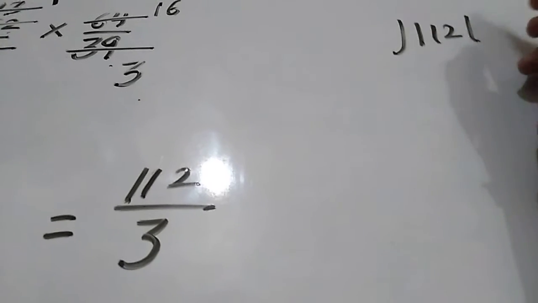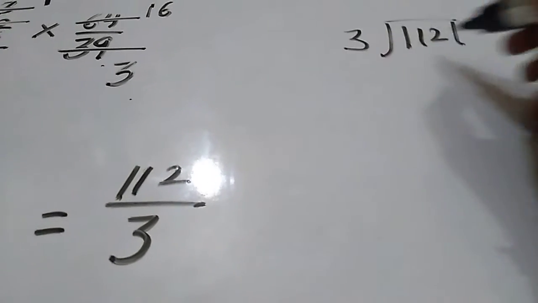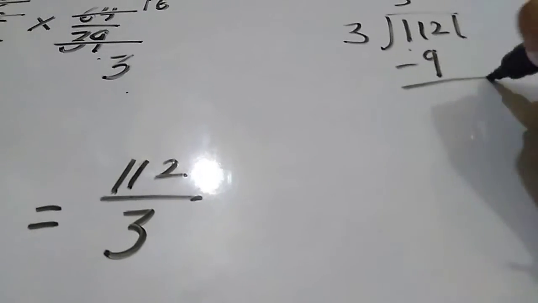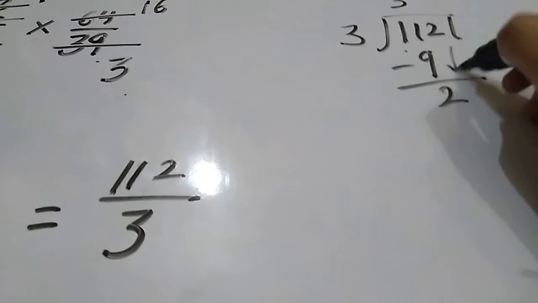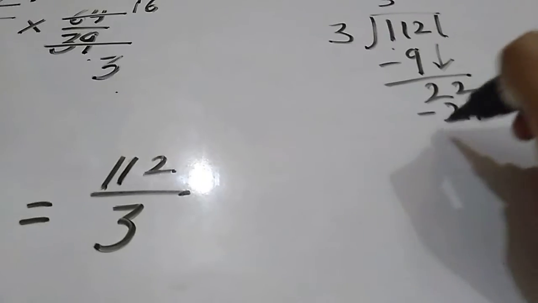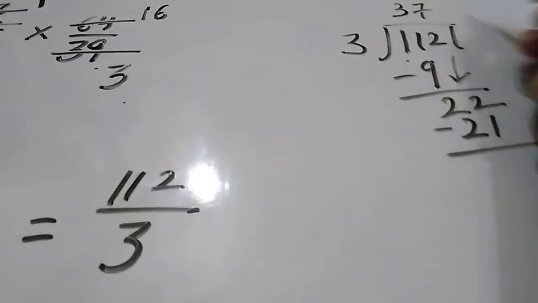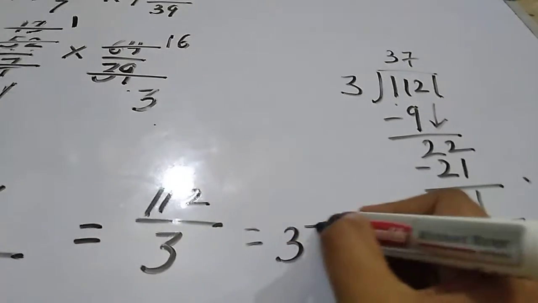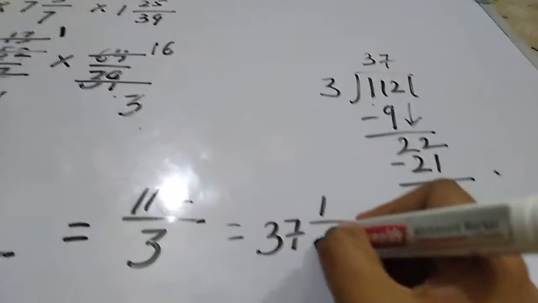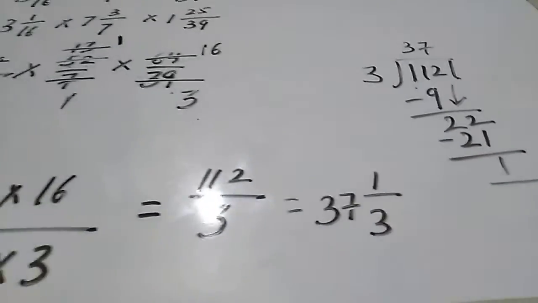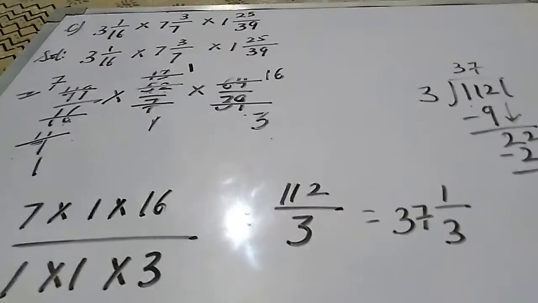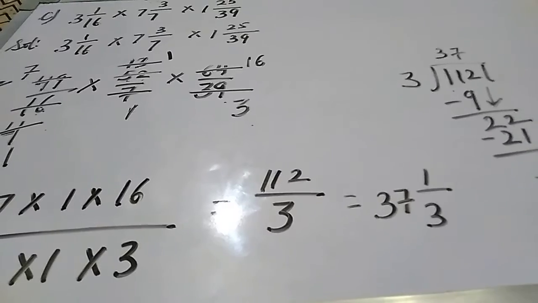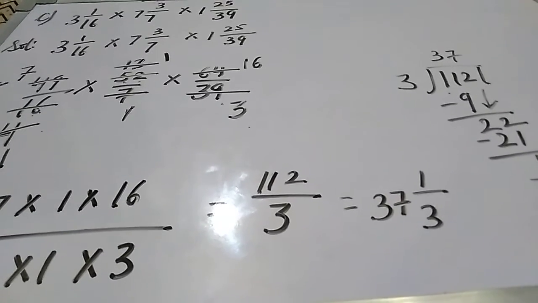Here 112 divided by 3: 11 goes 3 times, that is 9. 11 minus 9 is 2, then 22, 21 goes, yes, 7. So how will you write? Here is the quotient, remainder by divisor. So this is the answer. This is the way to solve all types of fractions and how to find the product of fractions.